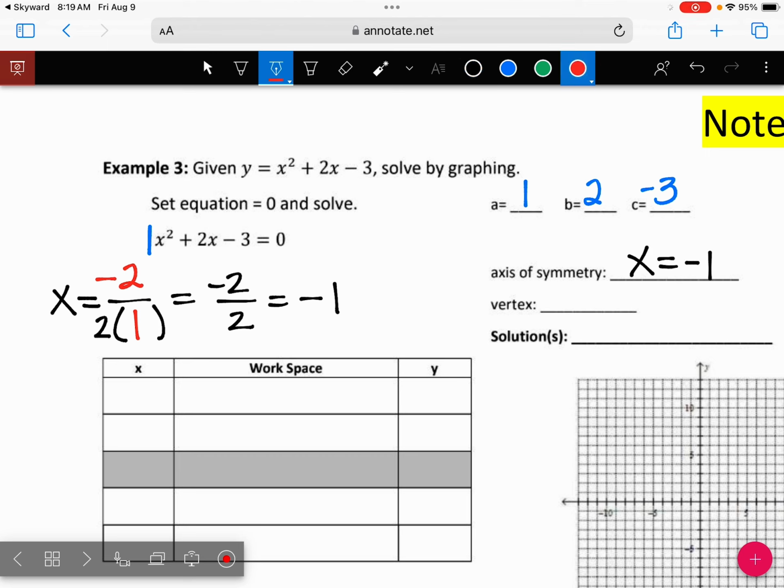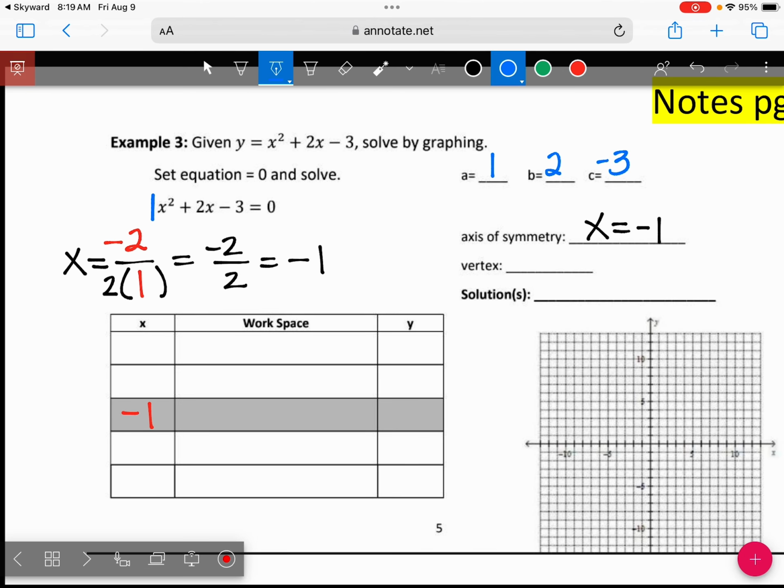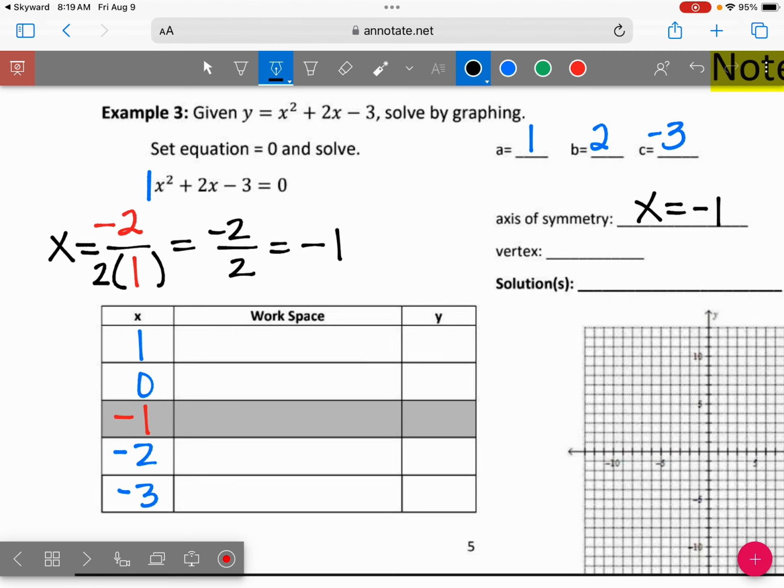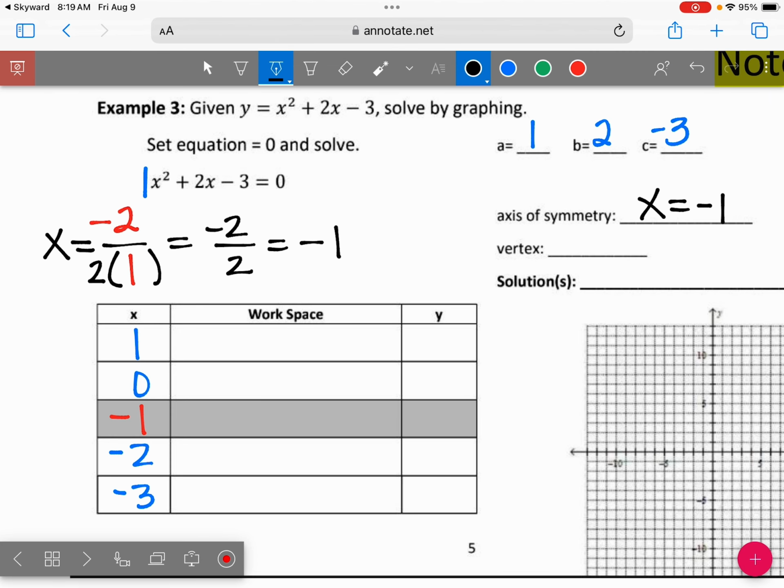And let's put that -1 in the middle of our table. So if you look at the number line in the back of the classroom, we're going to pick 2 numbers on the left, 2 numbers on the right. So I'm just going to put them in order. So I'm going to use -2, -3. And then if I go on the other side, that would be a 0 and a 1. So let's go ahead and type it in our calculator. So we get 1 times x squared plus 2 times x minus 3.